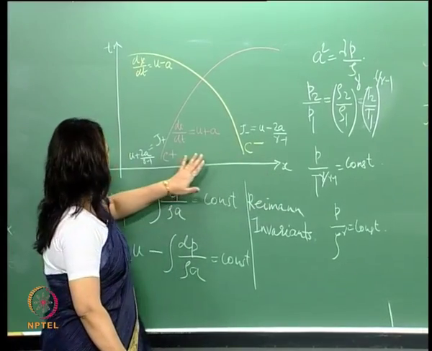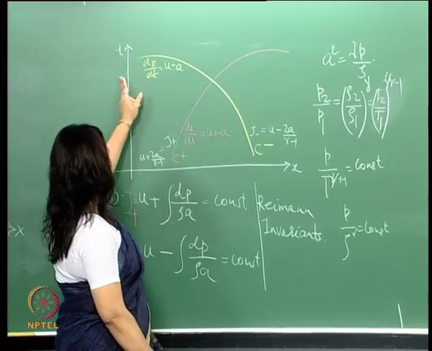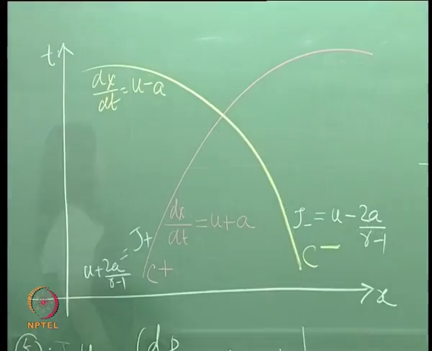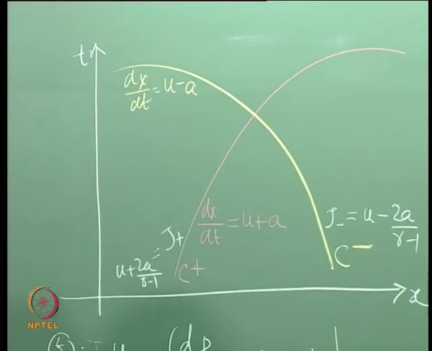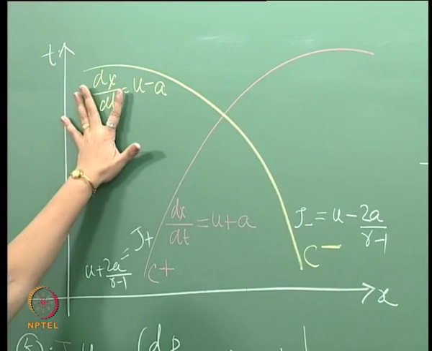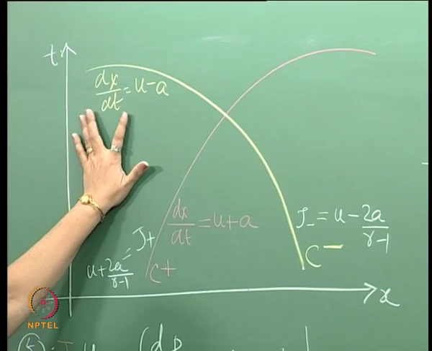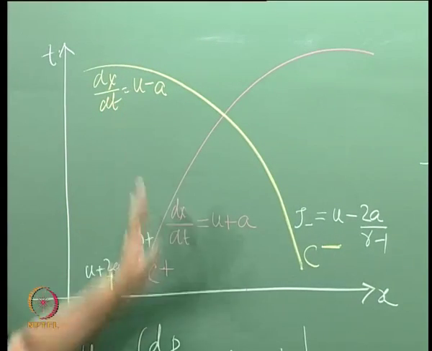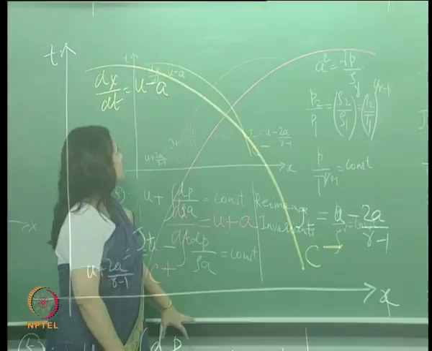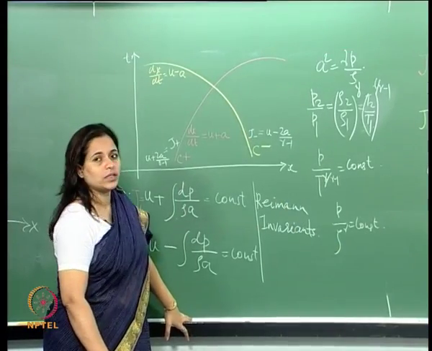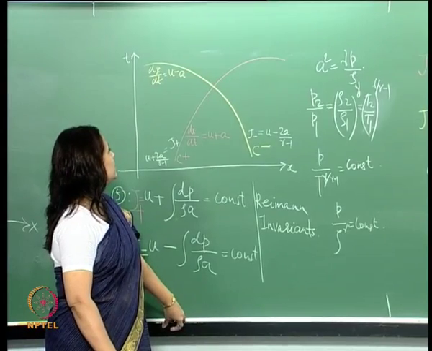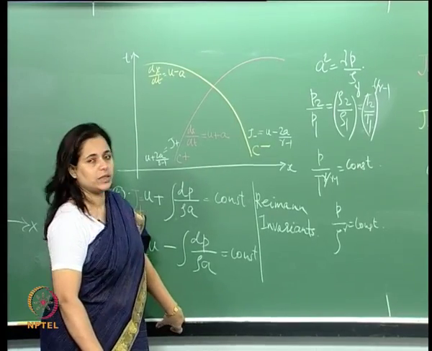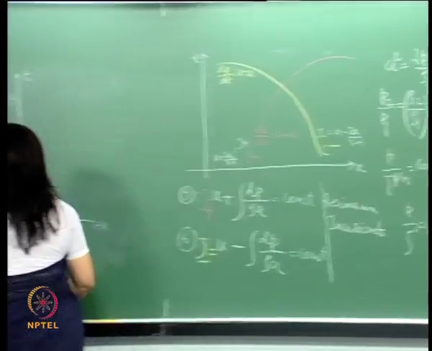We said on a left running characteristic, the slope dx by dt is u minus a, isn't it? Which means the particle is moving away from the wave, and it is moving with the velocity u minus a. So dx by dt.